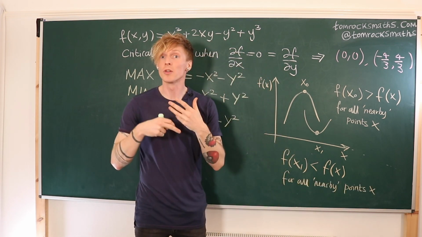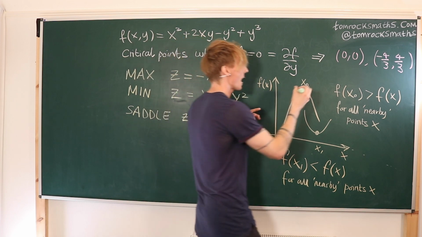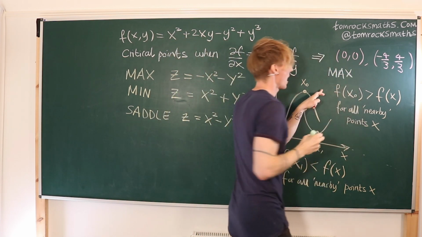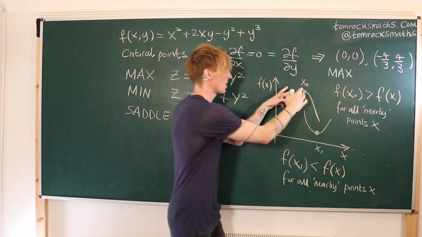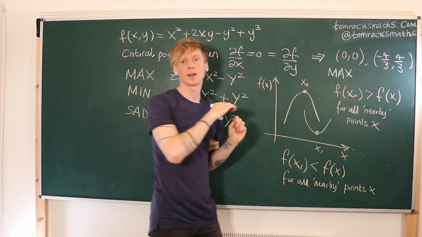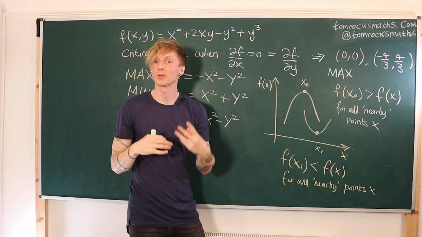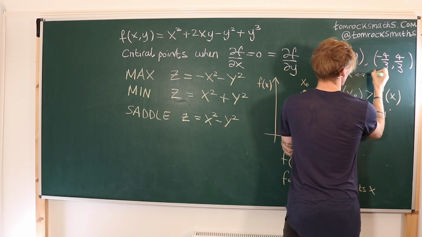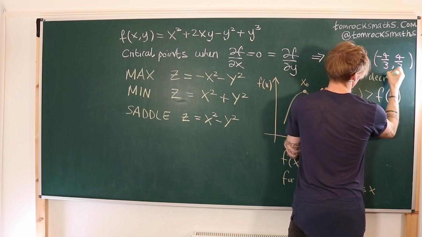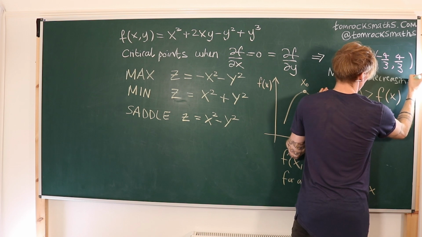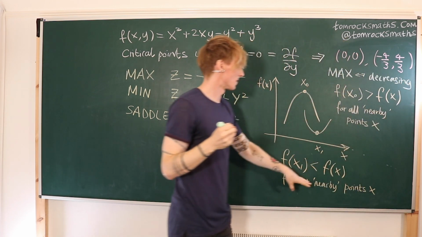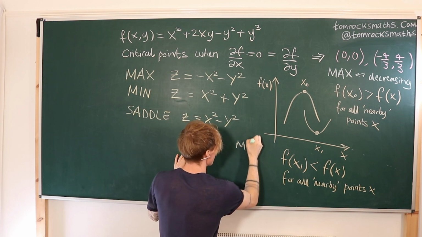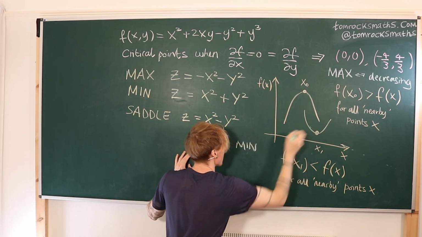What this means overall is that at a maximum, our function f is always decreasing away from our local maximum. So a max corresponds to the function decreasing away from the maximum, and similarly, the minimum corresponds to the function increasing away from the minimum.